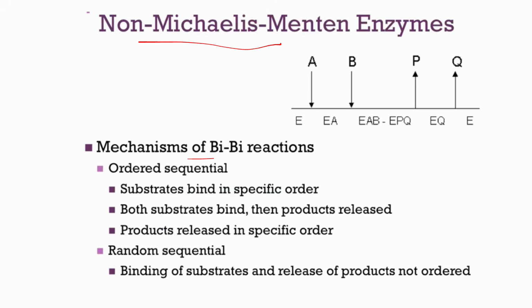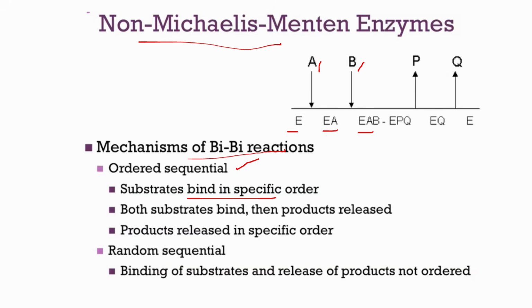Here they are called bi-substrate reactions. This can occur in two ways. One is ordered sequential, where products are also released sequentially. In this concept, substrates bind in a specific order. Look here, this one is substrate A and this one is substrate B. The enzyme first binds with substrate A, that is EA, and then binds with substrate B, that is EAB.